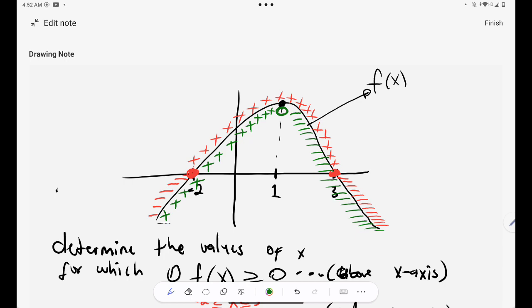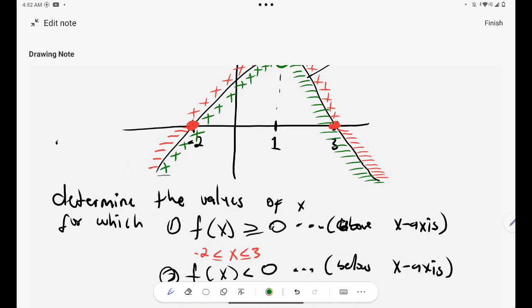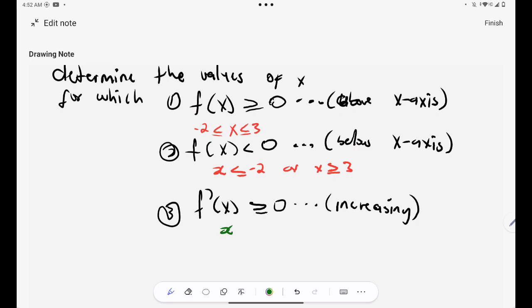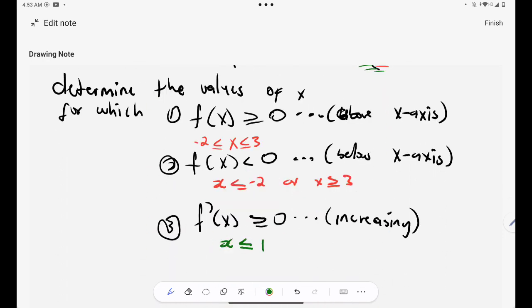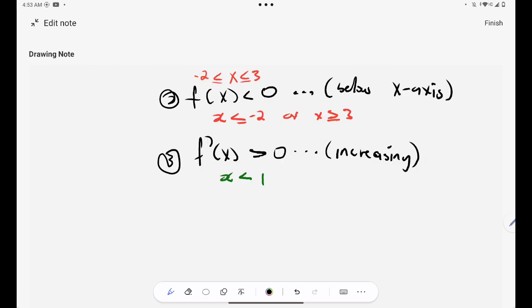Are you together? So I know that my graph is only increasing whenever x is less than or equal to 1. They hardly put in the equal sign there. My graph is increasing whenever x is less than 1.